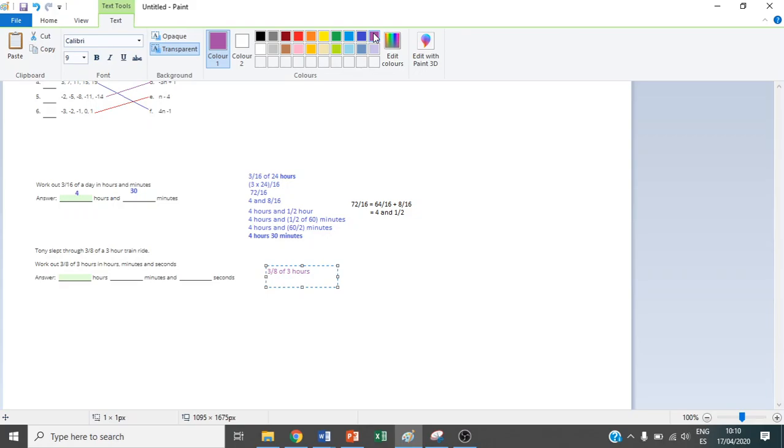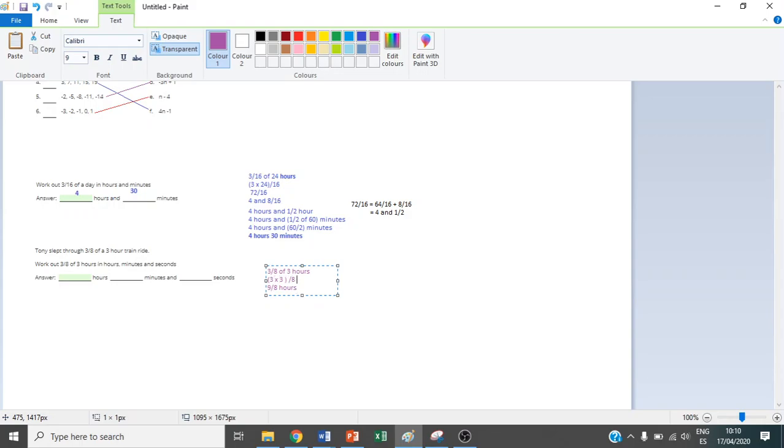Okay, so 3/8 of 3 hours, I'm going to do 3 times 3. And that needs to be divided by 8. Right? I just multiply by the top and then I divide by the bottom. So that's going to be 9/8 hours.